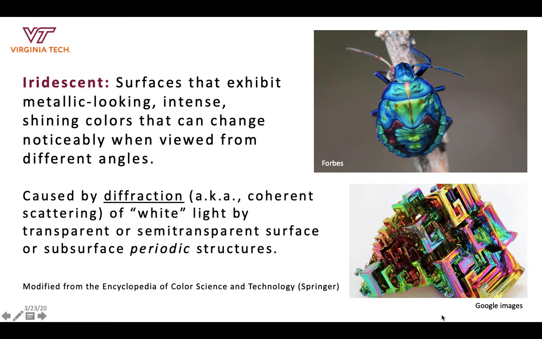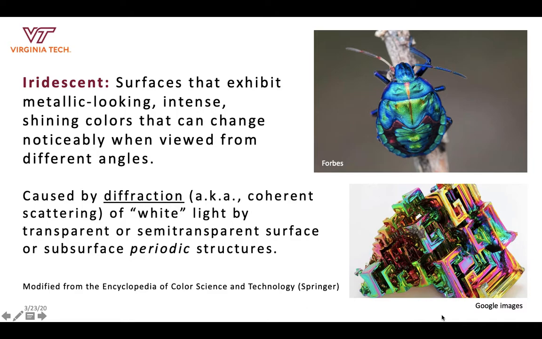There are also plenty of inorganic structures that can display iridescence, whether naturally or by design. Here you're looking at a crystal of synthetic bismuth, so bismuth metal that was grown and creates this unique step-like morphology, but perhaps more noticeable than that is the bright iridescent colors.